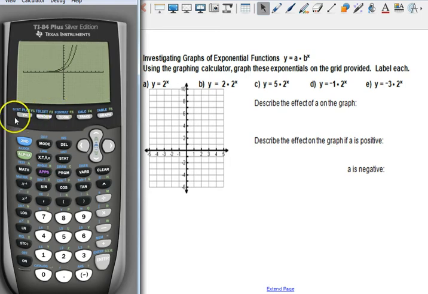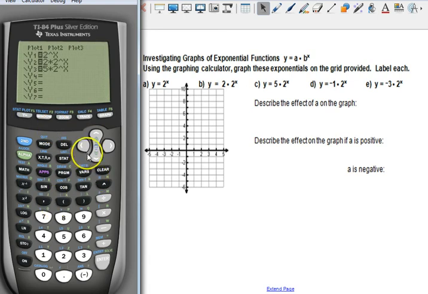Let's see what happens when I put a 5 in front. So go down to y equals y3. So 5 times 2 to the x power. And again, when this graphs, you're going to notice that this time it has a y-intercept a little higher. So let's try the fourth one.